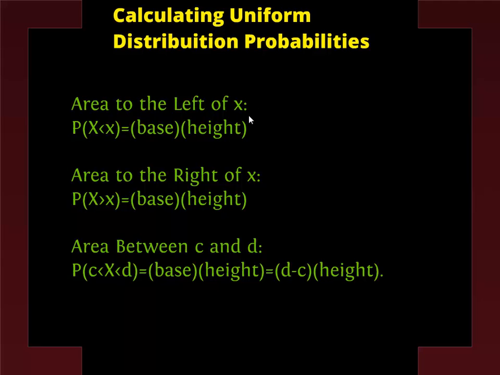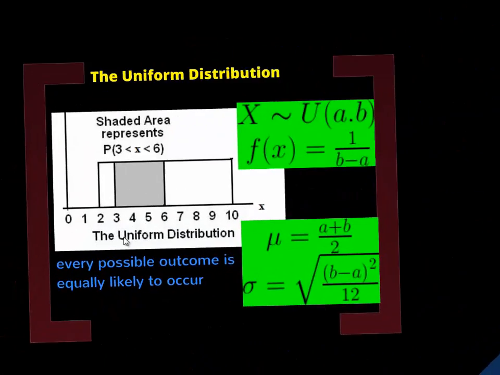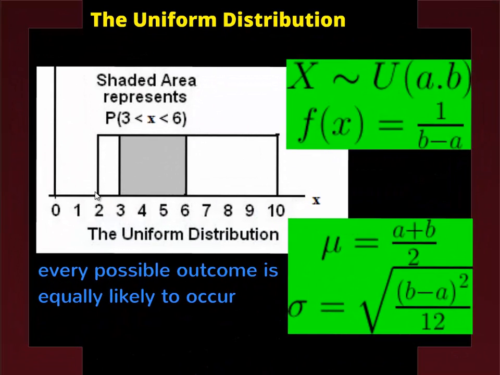So to calculate the area to the left, or the probability that a value is less than something, we just take the base times the height. Okay, we find where this is. Okay, 6. This goes from 2 to 6. Alright, that's our base. So we have a length of 1, 2, 3, 4 times our height. And our height is going to be this function, 1 over b minus a.